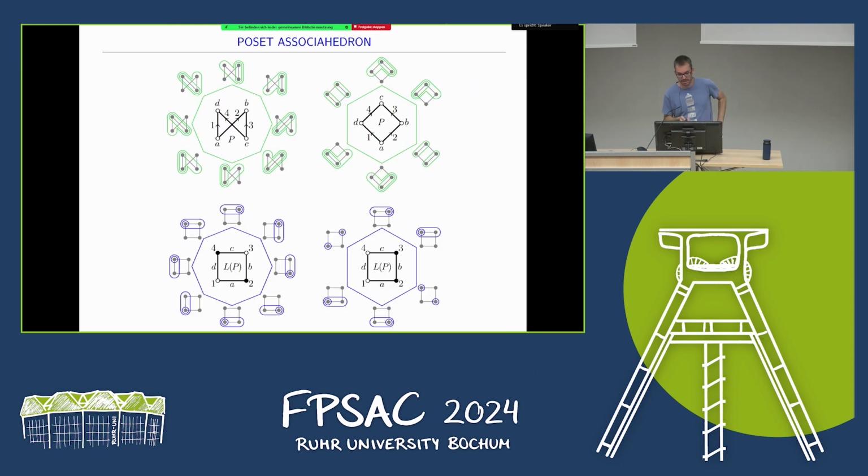I promised you that we not only will use pipes, but we'll also use tubings. Okay, so now I want to represent these pipings as tubings. So instead of remembering which are the points which collide together, I will remember which are the cover relations of the poset which collide. For this, I start from my poset, and I construct the line graph of this poset.